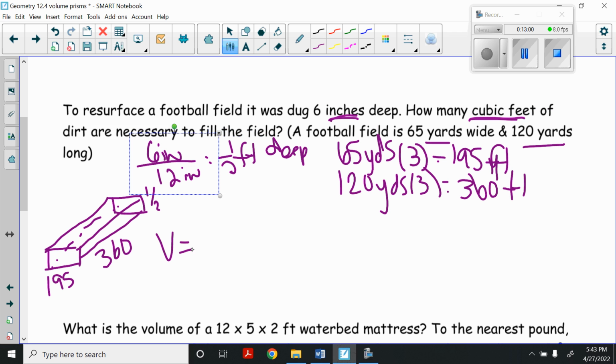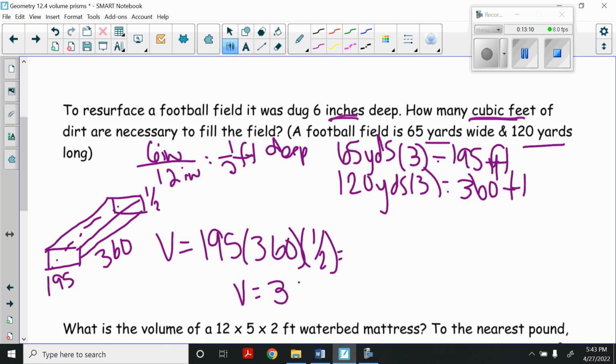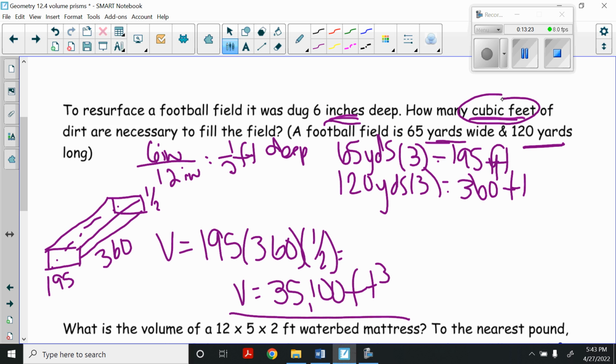So the volume is 195 times 360 times 1/2. Multiply all of that together, and I get that the volume is 35,100 cubic feet. So the trick on this one was to notice that I had all of these different units and change everything to the units that they asked for, and then find the volume.